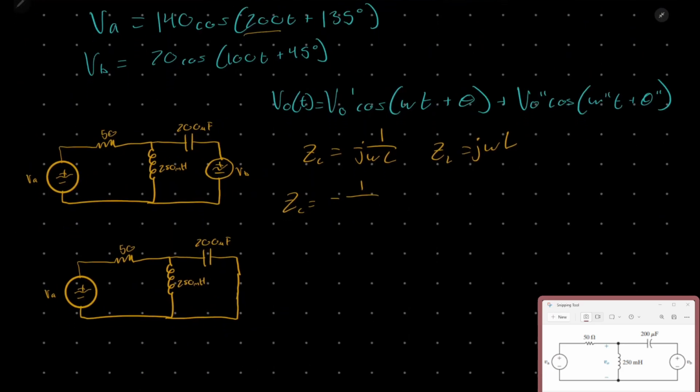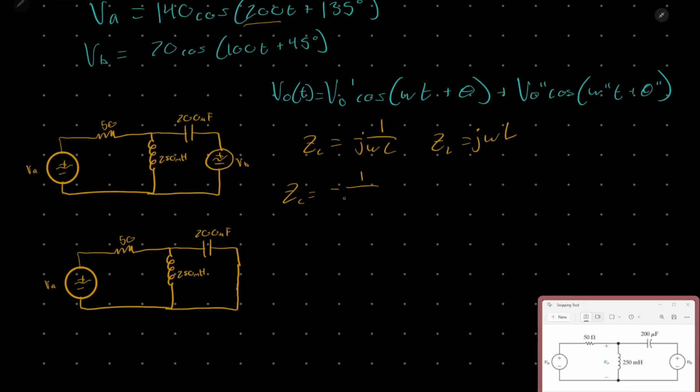So the impedance for the capacitor is going to be 200 times 200 microfarads times 10 to the negative 6, inverted. Doing that in our calculator, we get negative J25 ohms, because remember, the unit for impedance is ohms.